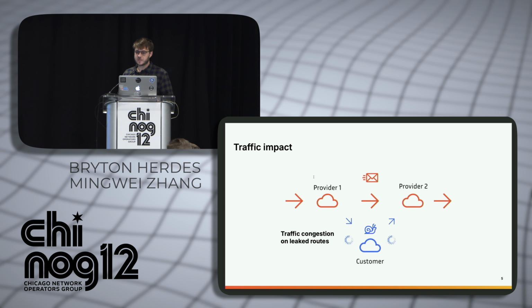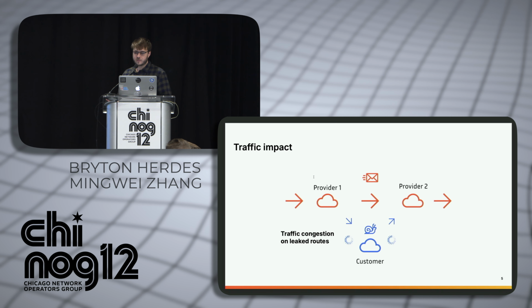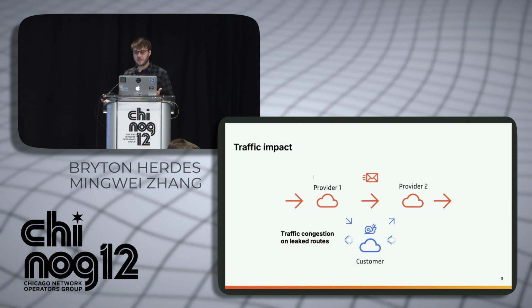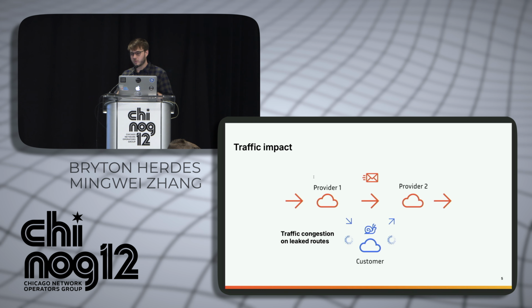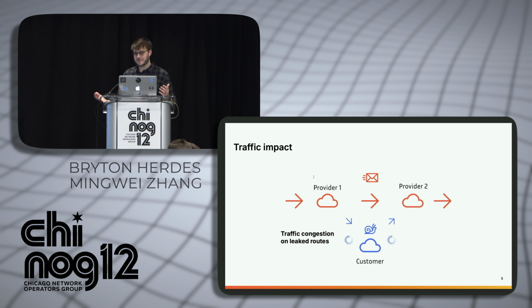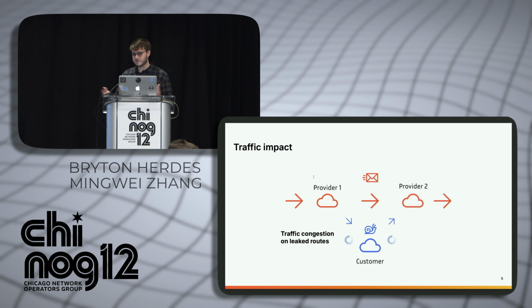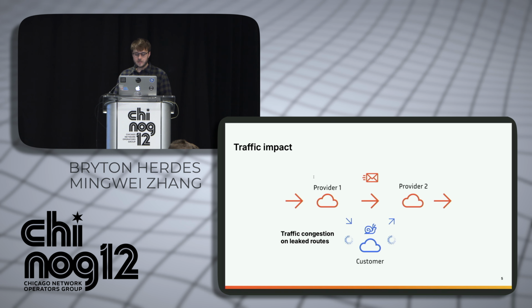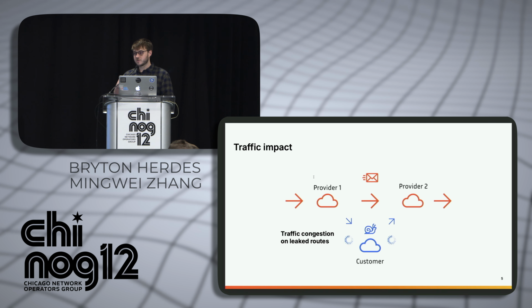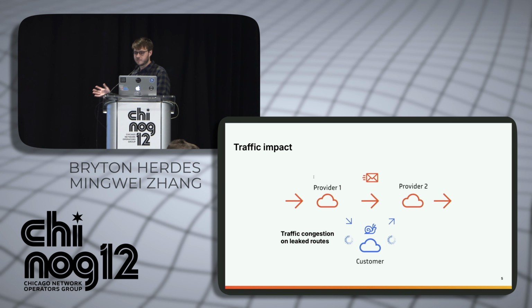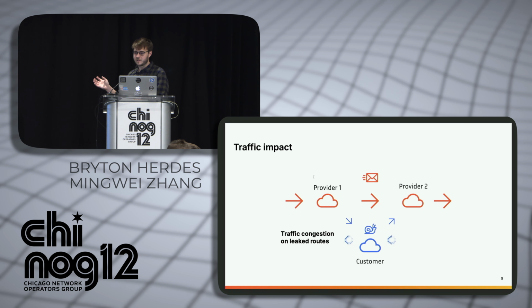So the customer is about to get a lot more traffic than they probably bargained for. They probably haven't provisioned the network to handle the entirety of the internet, a full table worth of routing. They probably didn't even configure ACLs to accept the entirety of the internet in, say, a small ISP network. So there's going to be a lot of elevated latency, maybe black holing, in general a bad time for the traffic that's going through this customer hairpin of a leaked route.